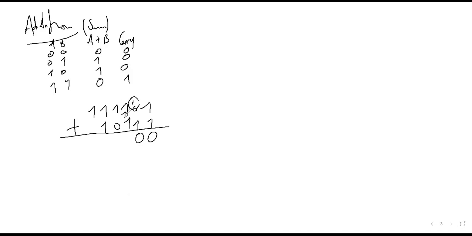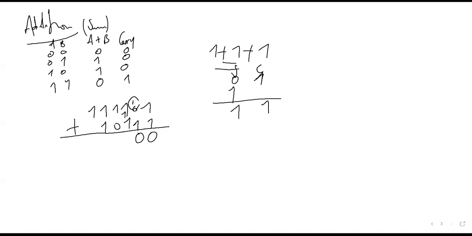Now for this third column, we have 1 plus 1 plus another 1. You first add these two, 1 plus 1, it gives you 0, carry 1. This is the sum, this is the carry. If you add 1 to this, you get 1, carry 1.